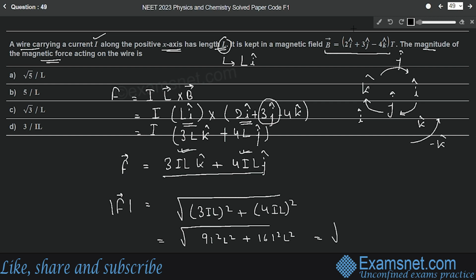It will be under root 25I square L square. So what will be the root? It will be 5IL, right? So 5IL is the magnitude of the magnetic force here that is acting on the wire. Okay. So which option will be the correct one? Option number B, 5IL. Option B is the correct answer.